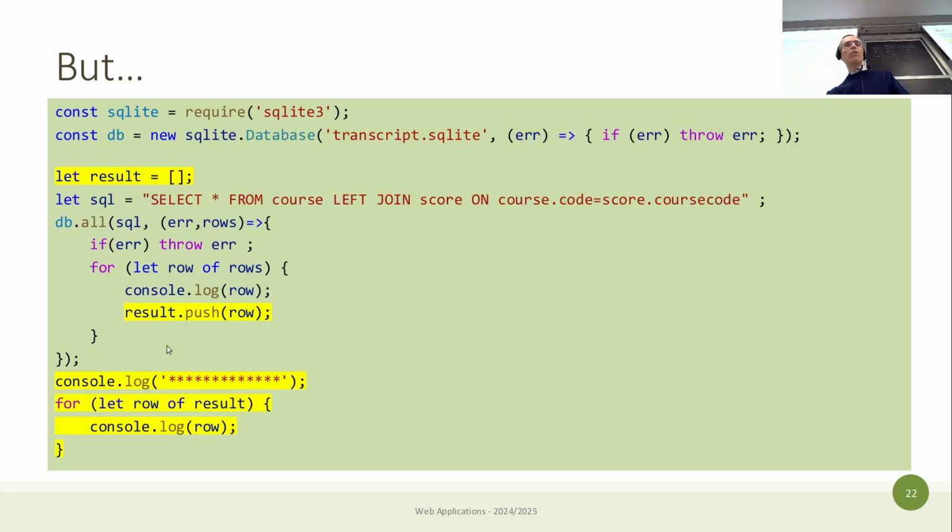If we don't wait for the DB-all, there's no point in printing the array, right? But if we can write something like await DB-all, everything is solved, right? But to make this await work, we need to think in terms of these promises, okay? And that's what JavaScript implicitly does inside the code, okay?